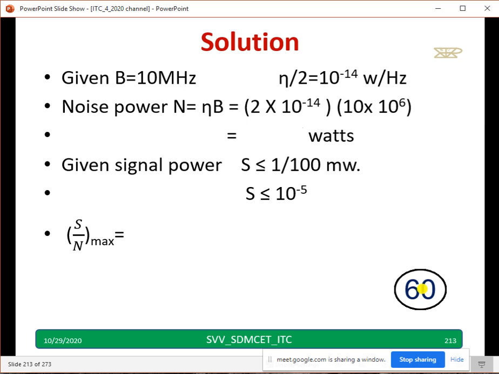Geeta has typed some answer. So let me show you: N equal to 2 into 10 raised to minus 7. Chaitra, Gaura, Vinay, Devida, Shilpa, all are typing the same answer.